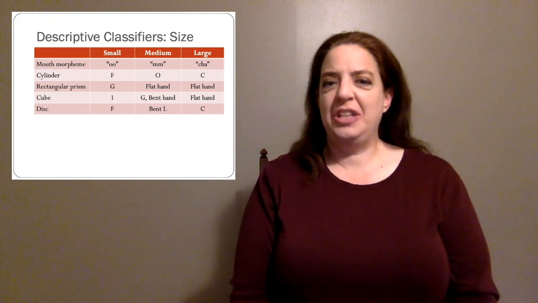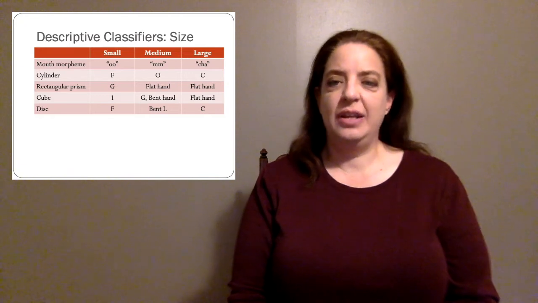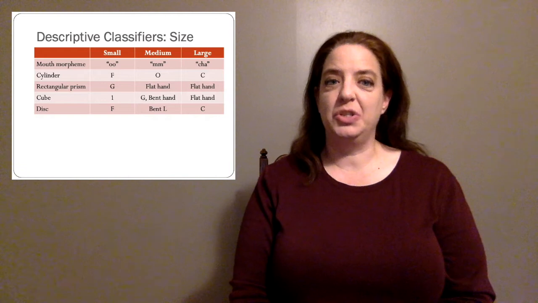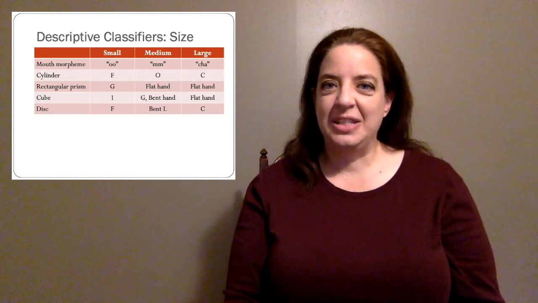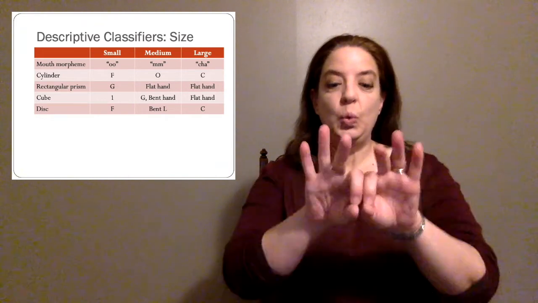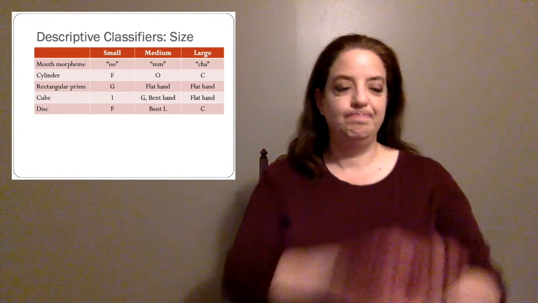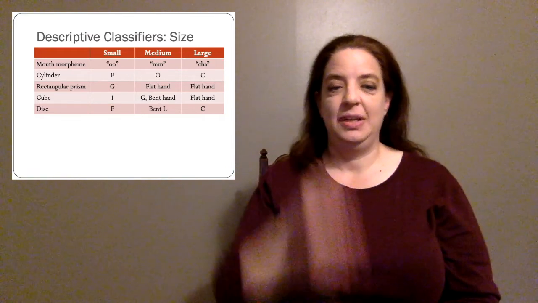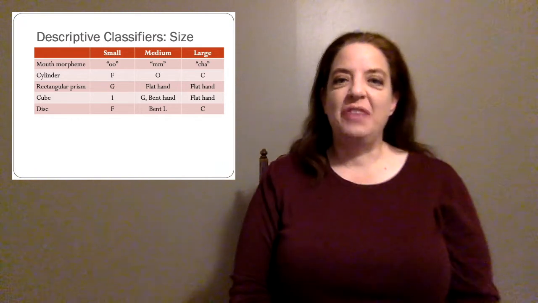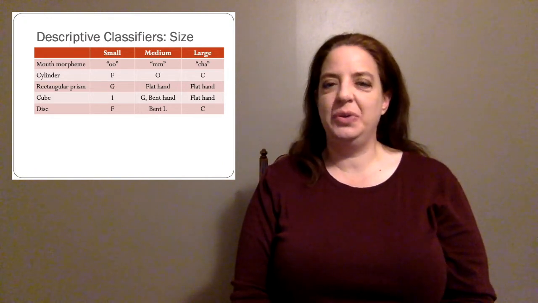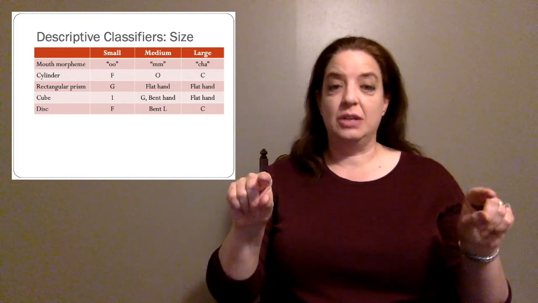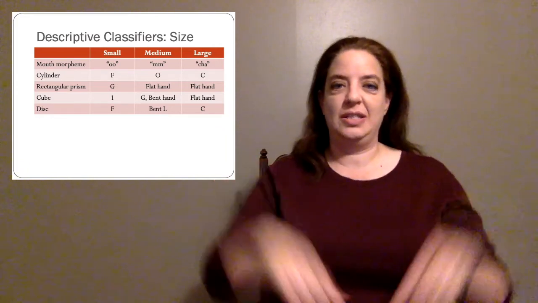And then hand shapes can change depending on the size of the classifier you're talking about. And these were some of the examples we just went through. So here's, again, the cylinders. All right, if you have a rectangular prism, I didn't give you an example of this, but a rectangular prism is like a cylinder, except that it's square instead.